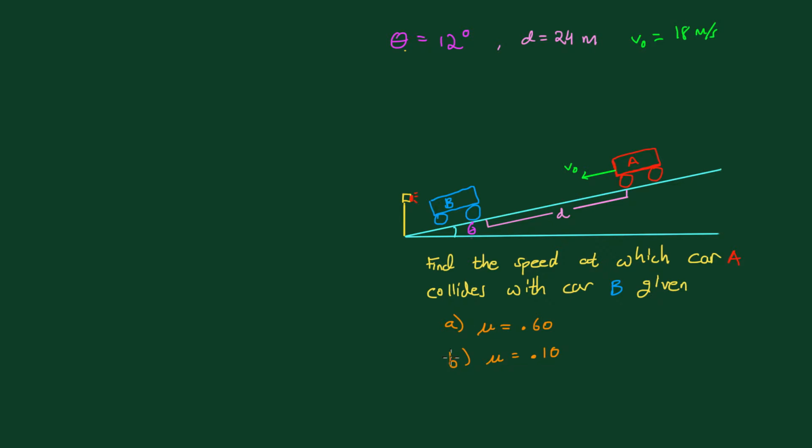And the second part, part B, is to find the speed at which car A collides with car B, given that mu, the coefficient of kinetic friction, this time is 0.10. In other words, we are to find the final velocity of car A once it strikes the back of car B. So the way we're going to do this is very simple.